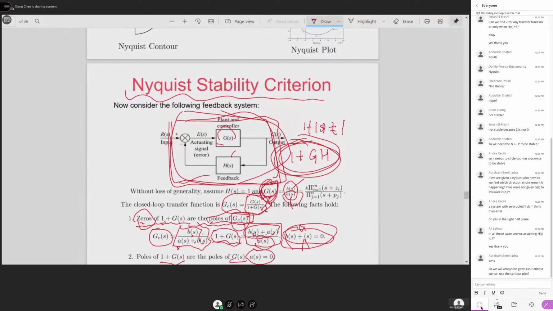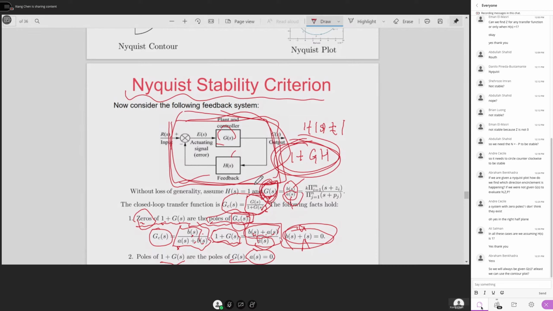So do not be too stubborn, saying you need to be given G of s. In the examination, I probably intentionally will not give you the information of G of s, and instead give you the information of the Nyquist plot and ask you to deduce the information of G of s. You should be able to do that, because this is all based on the principles that we talk about here.